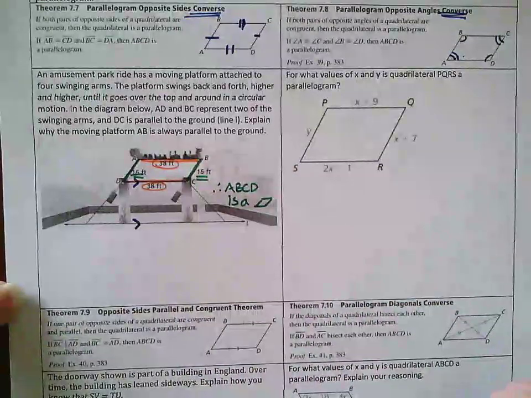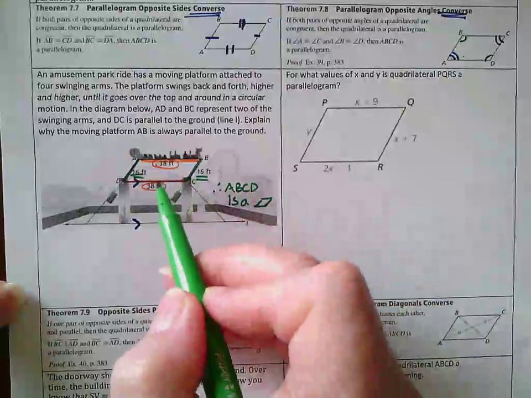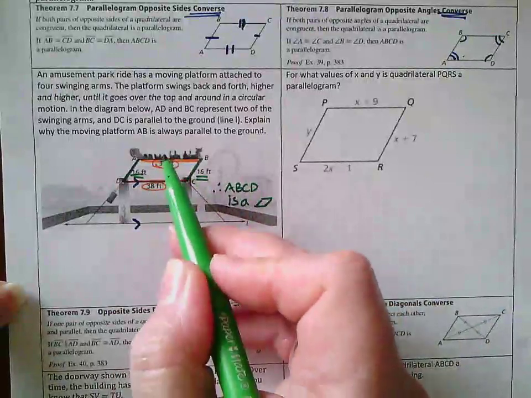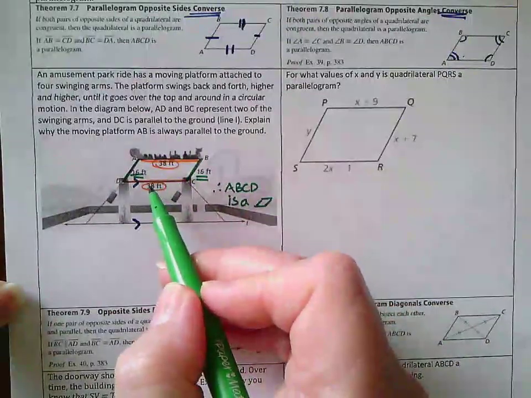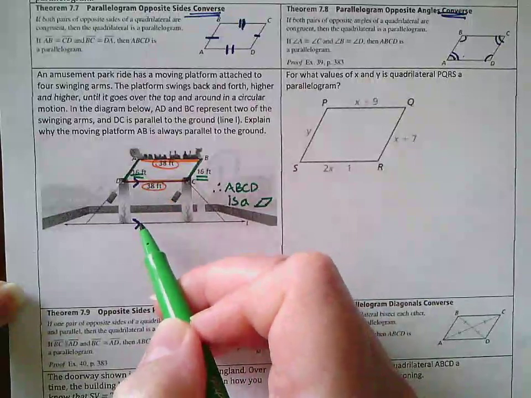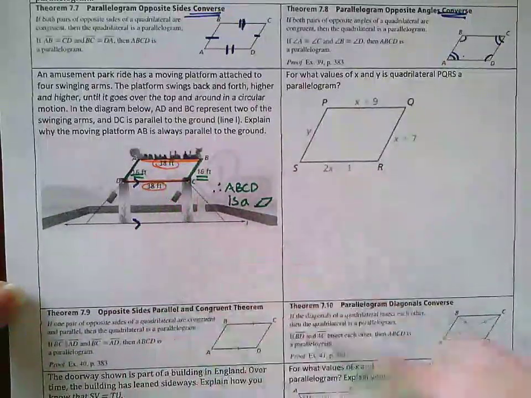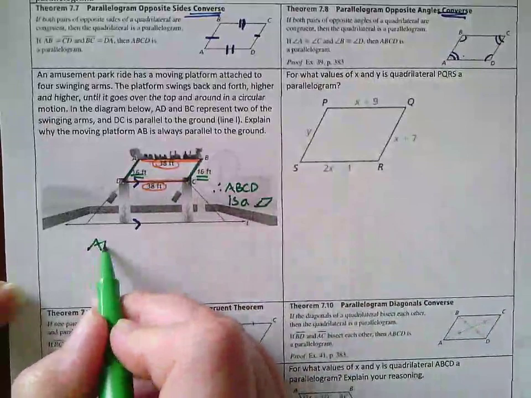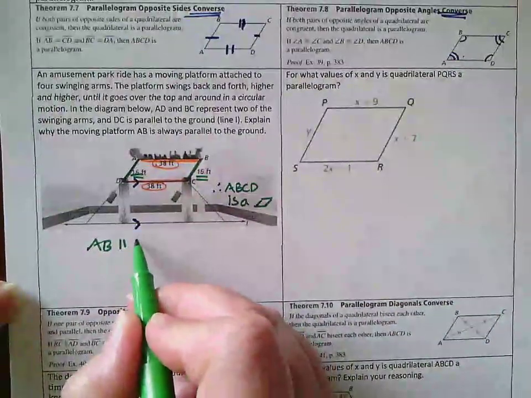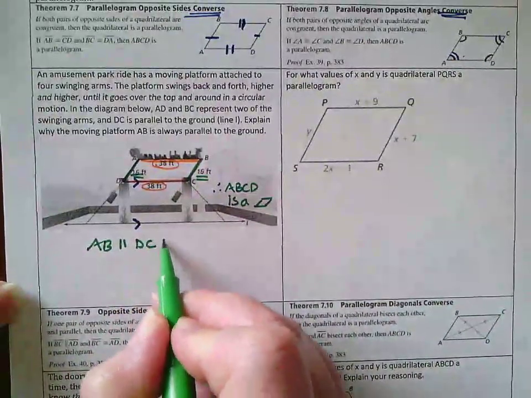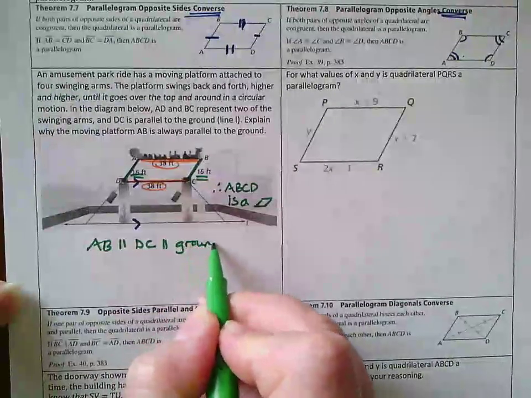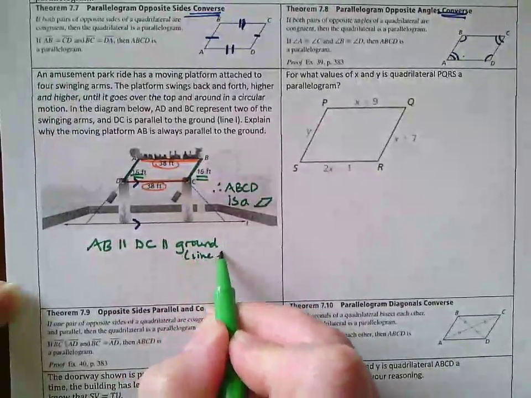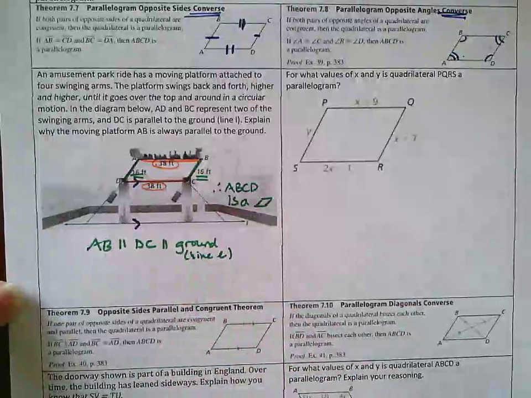If it's a parallelogram, then these 2 sides are parallel to each other. And given that this side's already parallel to the ground, all 3 of these are parallel to each other. AB is parallel to DC, which is parallel to the ground, which they have as line L. So you can always say it's a parallelogram.